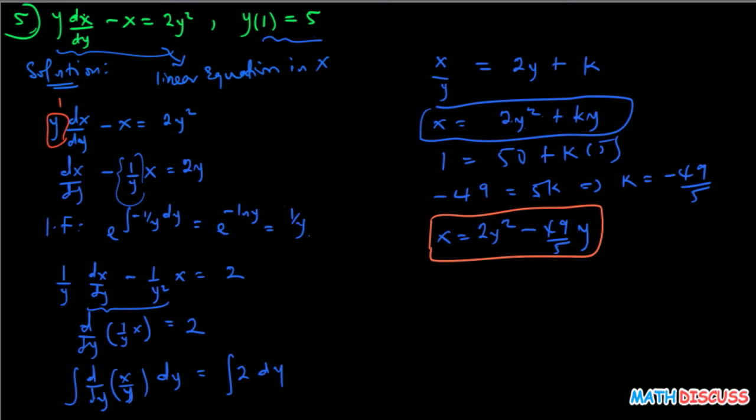The next thing we're told is to find the interval of definition. This is where we look at the standard form of the differential equation, now in x. Looking at this, the denominator must not be 0.